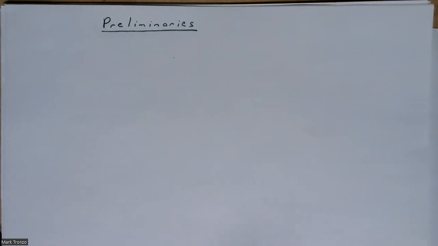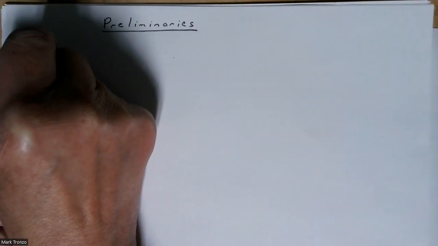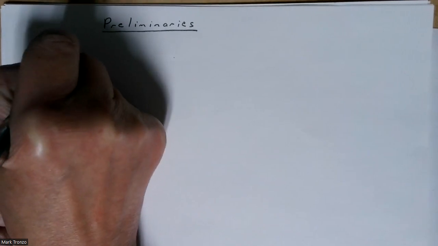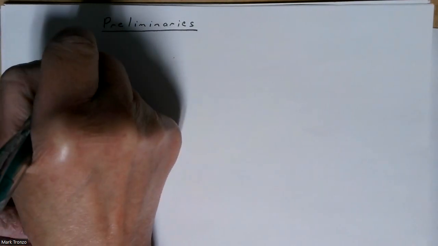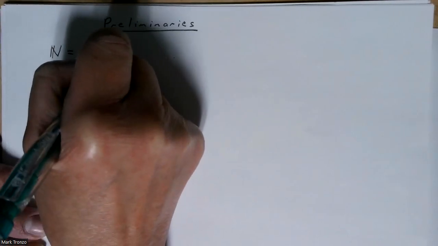We're going to go over some preliminaries for abstract algebra, and let's remind ourselves of some notation. The N, that special N that looks like this, represents the set of natural numbers.